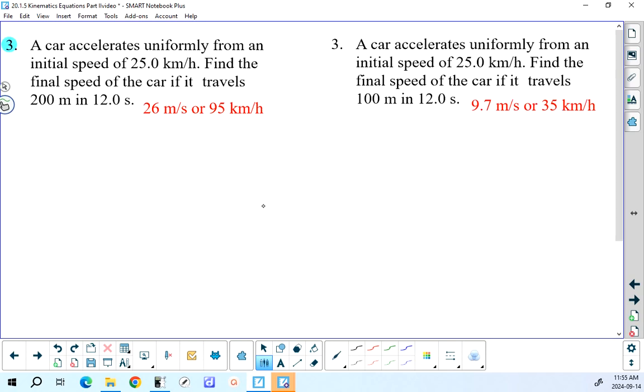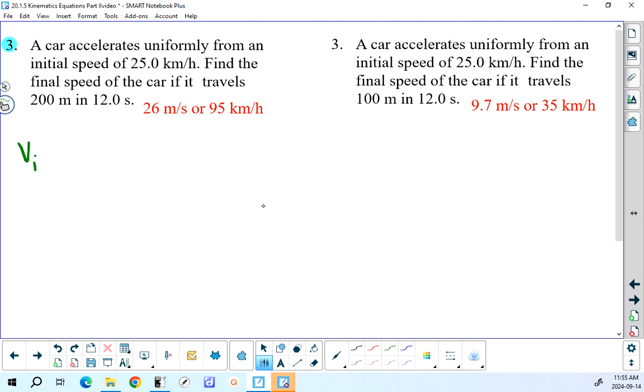And finally, example or question number 3, a race car accelerates uniformly from, I'm going to do the one on the left this time, 25 kilometers per hour. What's the final speed if it travels 200 meters in 12 seconds? So what do we know?